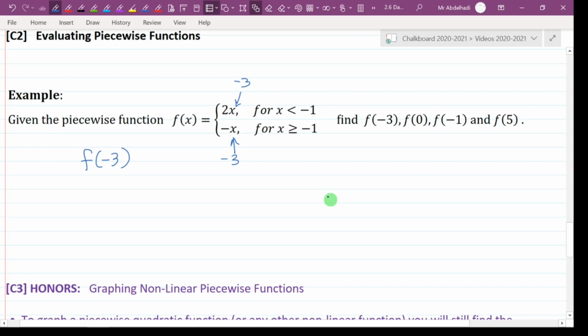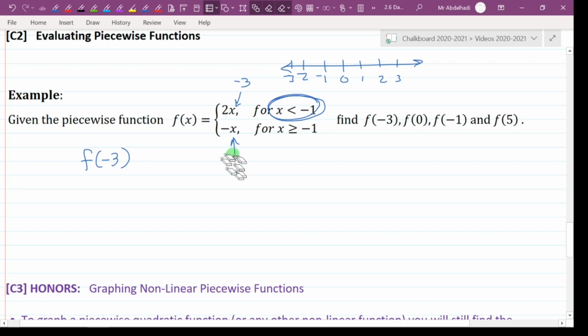Well, the answer to that question is, where are you in the domain? This function only exists if you're less than -1. Now let's look at a number line here. Here's 0, here's -1, here's -2, here's -3, here's +1, +2, +3. If you're at -3, you're less than -1.